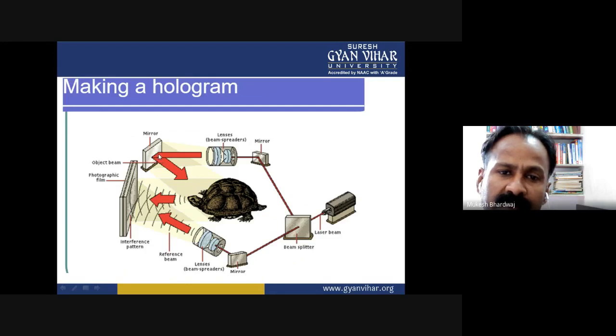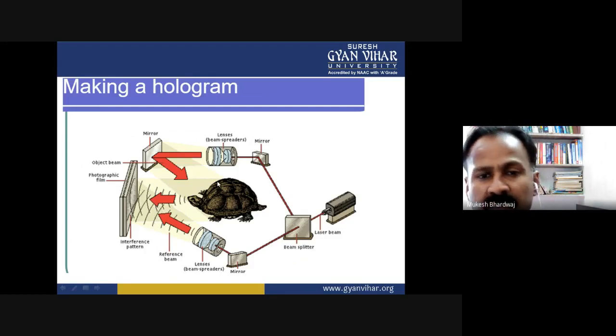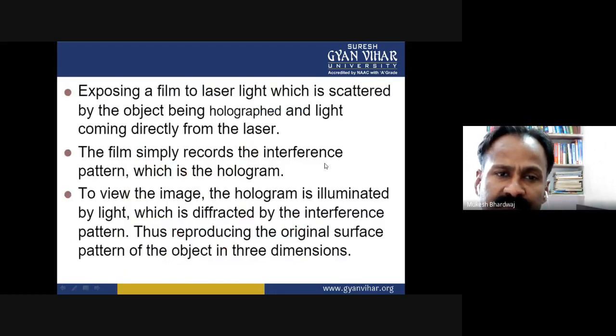Through one lens, and through the second lens, the beam is directly incident on the photographic film. So the interference pattern is shown, and the object beam is shown. This is the way we make a hologram.